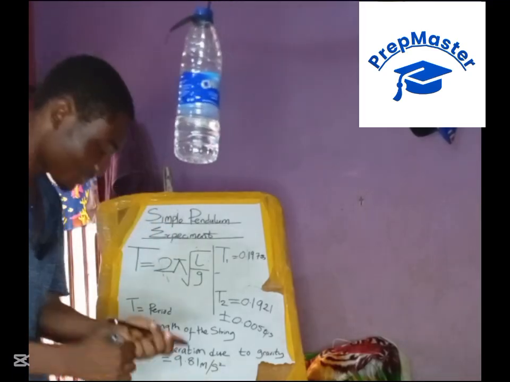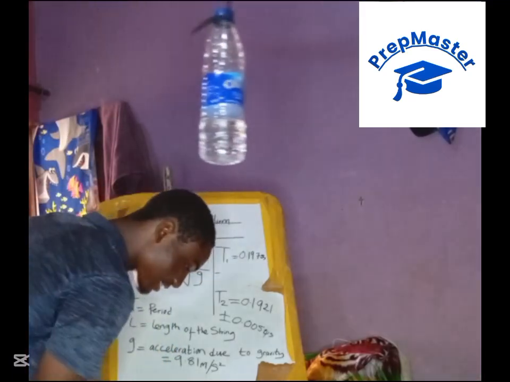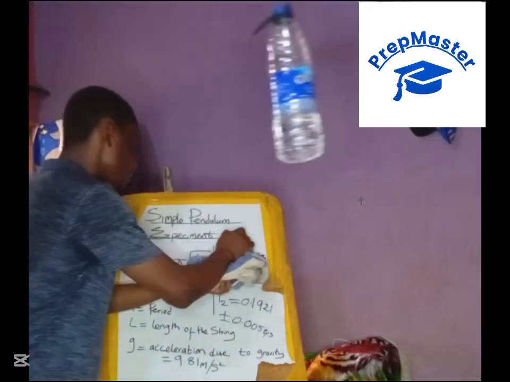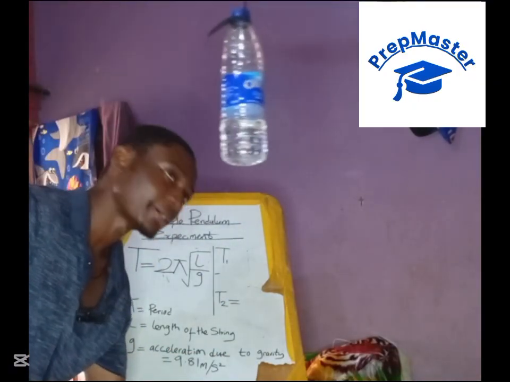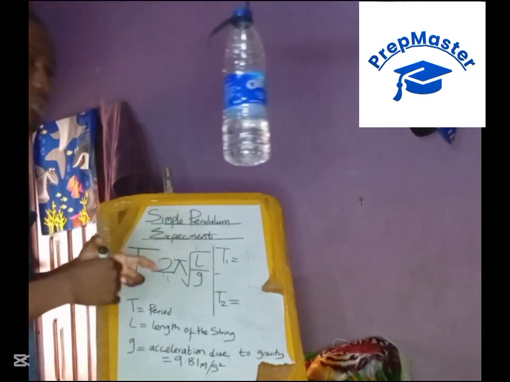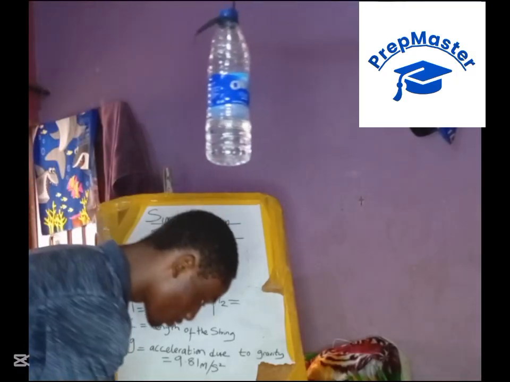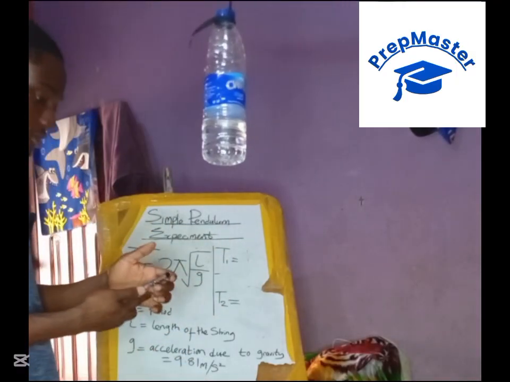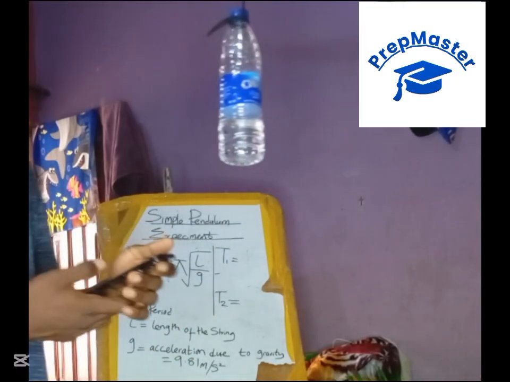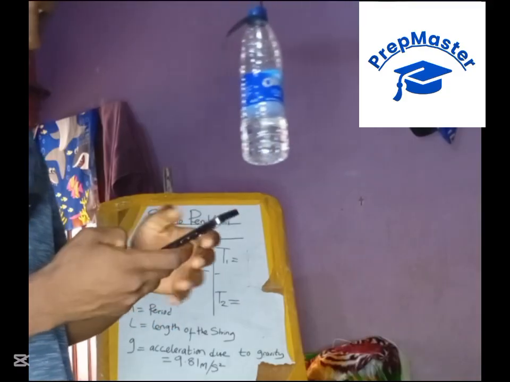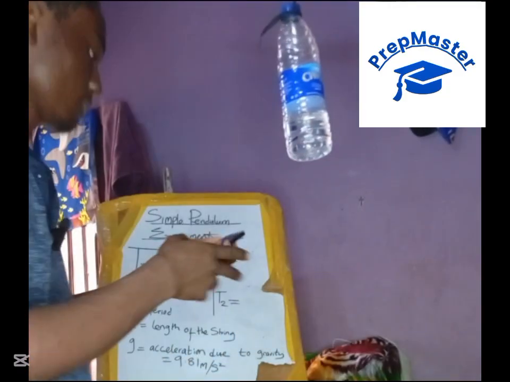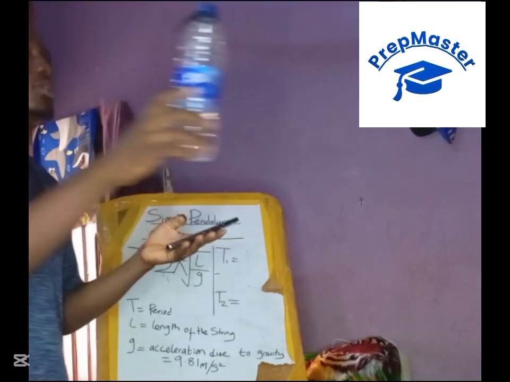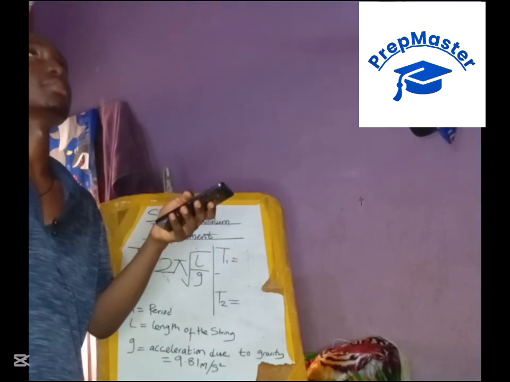Okay, let us try this one more time. Let's take another 10 oscillations again. So we'll restart our clock. That is 00 seconds. And we'll set our mass.